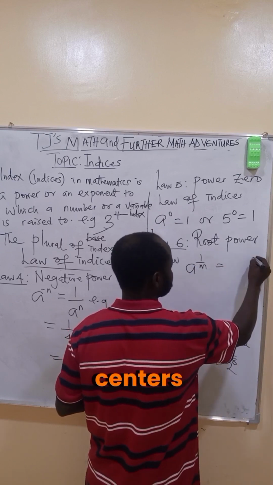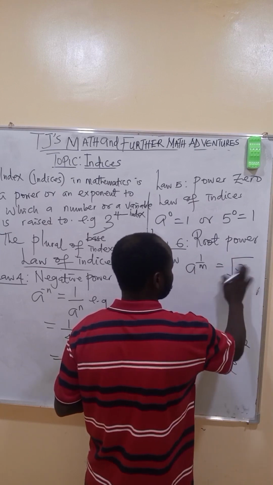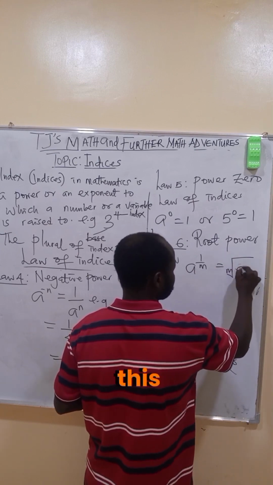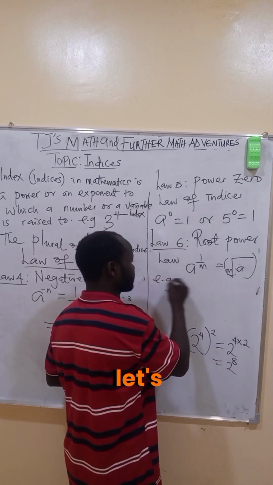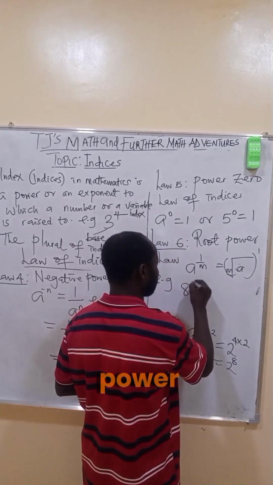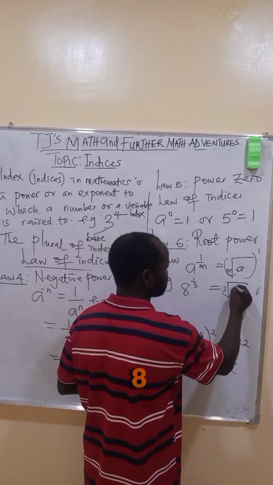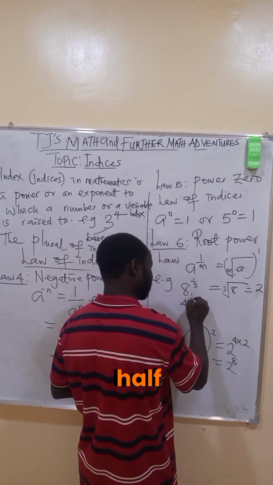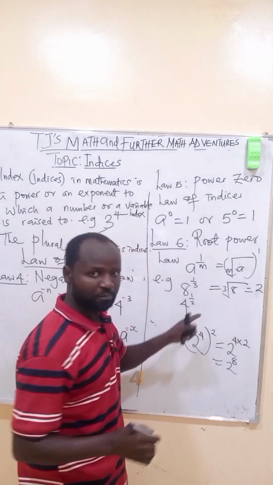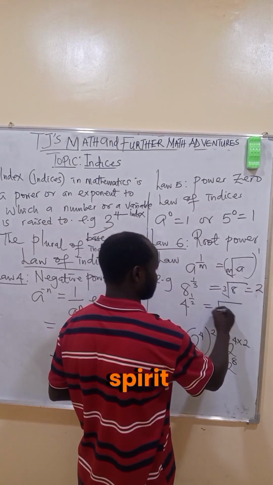This is the same as taking the root m of this a. E.g., let's say we have 8 power 1 over 3. This is the same as the cube root of 8, which is 2. Let's say we have 4 power half as well. This 4 power half is the same as the square root of 4.